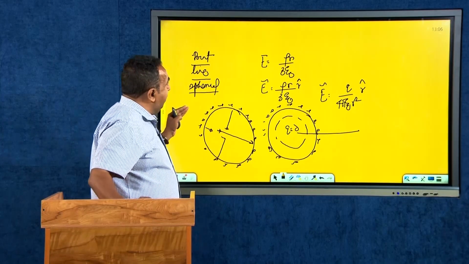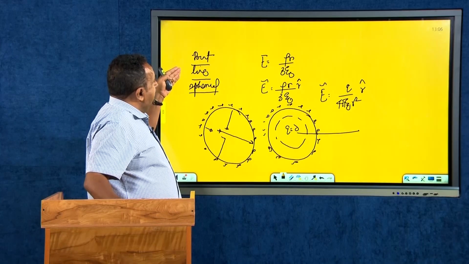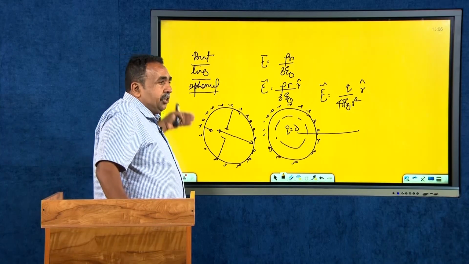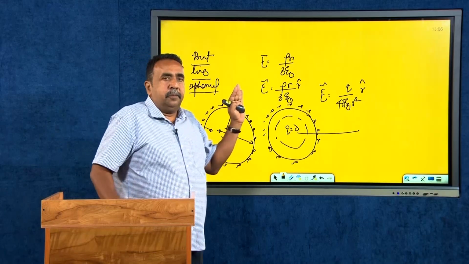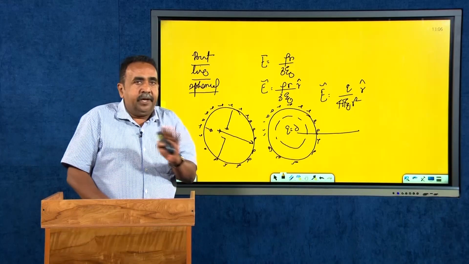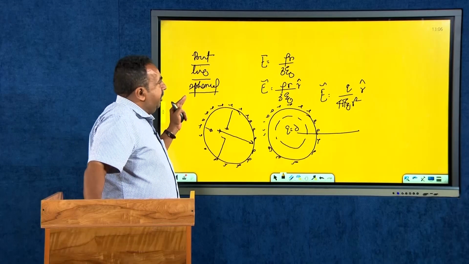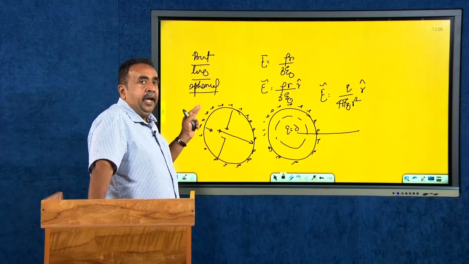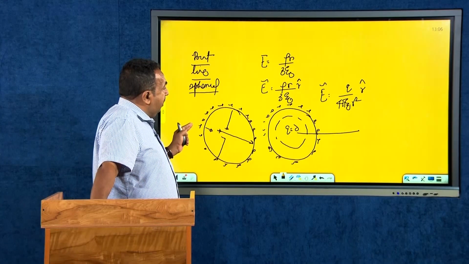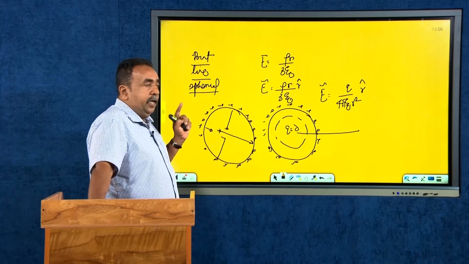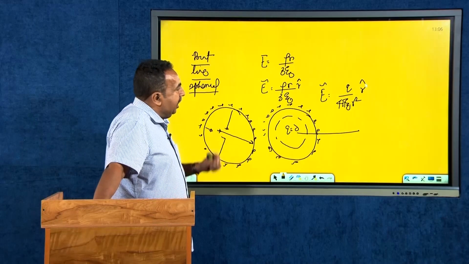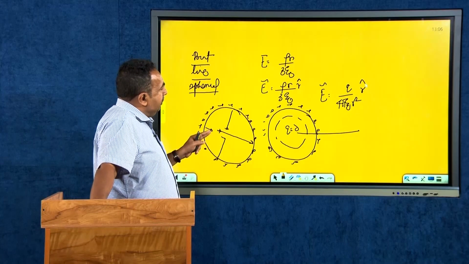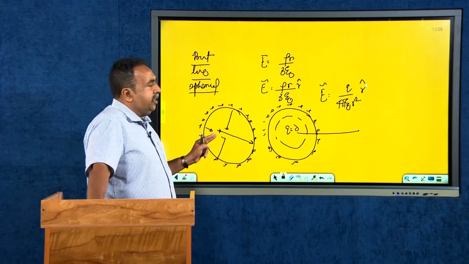Therefore, now we have studied about point charge, line charge, spherical charge. 3 cases we have studied. One is a uniform charge distribution which must be a non-conducting or a non-metallic one. Then we studied about a metallic sphere, and we studied about a metallic hollow sphere. You will never be able to get an electric field inside a metallic or a conducting object.